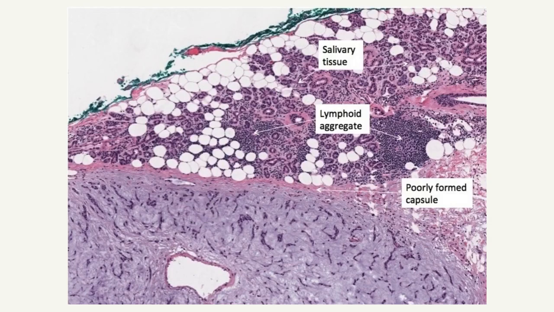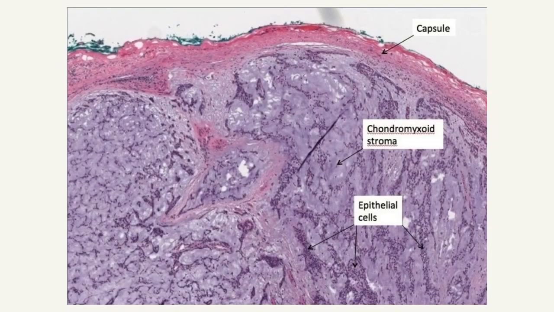In this higher magnification histological slide, you can see that the tumor is composed of both epithelial and stromal components. The epithelial cells form distinct structures, while the bluish material represents the chondromyxoid stroma. Additionally, we can also see the capsule.